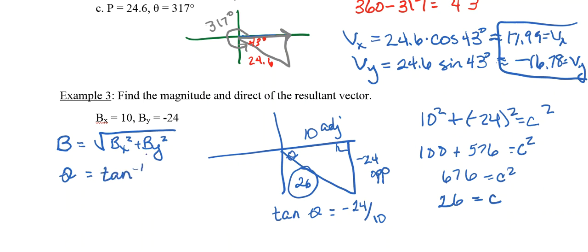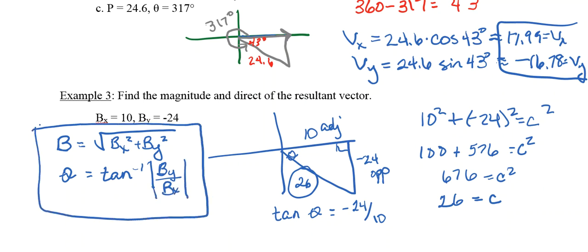And because I want the reference angle, I don't have to worry about the fact that it's down. So we're going to do the absolute value of my two components. Notice my y component goes on top of my x component. So these are our general rules we can always use. That's what we were doing over here. I always just had the negative in there that would tell me that it was going down, but when we're dealing with our directions, we don't necessarily do that. So my reference angle would be 67.4.